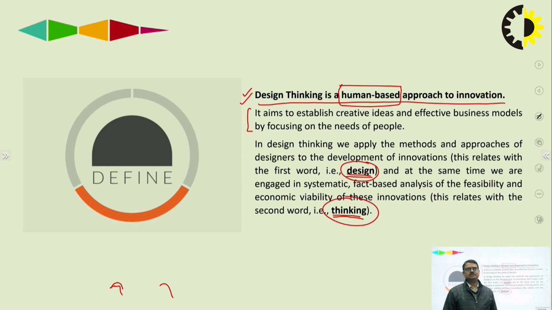The first parameter is design, and the second parameter is thinking. Design is basically more related with some scientific approaches that we are going to use while making some innovations or products. And thinking means our creativity quotient that we are going to implant or impart while making that product or innovation.